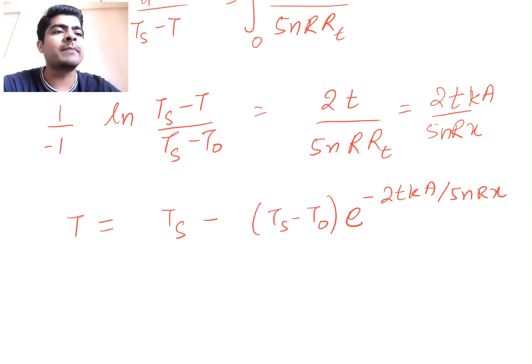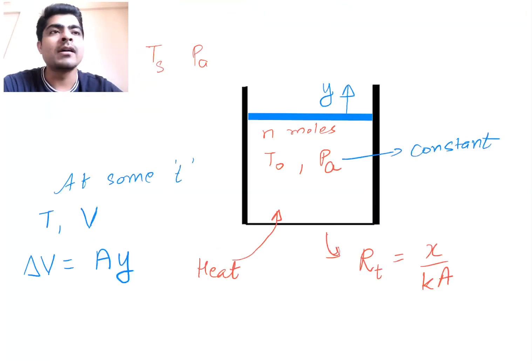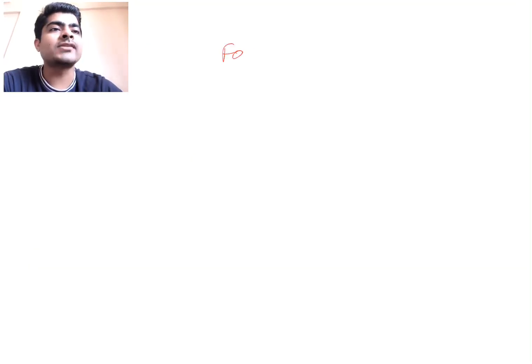Okay, we found temperature as a function of time. Now we have to find the change in height of the piston, that is, we have to find y. So delta V equals Ay, and for isobaric process, volume will be what? nRT divided by Pa.